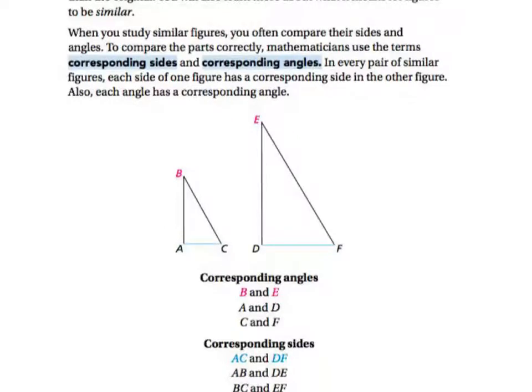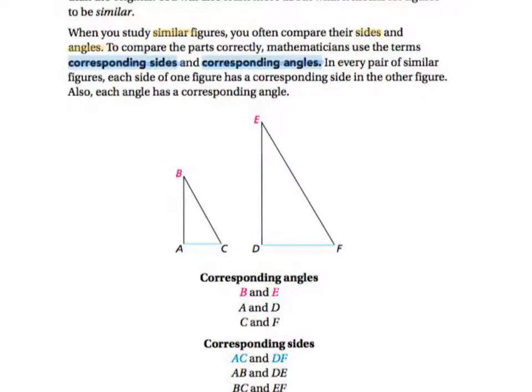So at the beginning of the video, I mentioned that we're going to be looking at a working definition of the word similar. And when you study similar figures, you're going to start to notice that you are comparing both their sides and the angles, like what we just did previously. We're going to start to look at the corresponding sides and the corresponding angles.